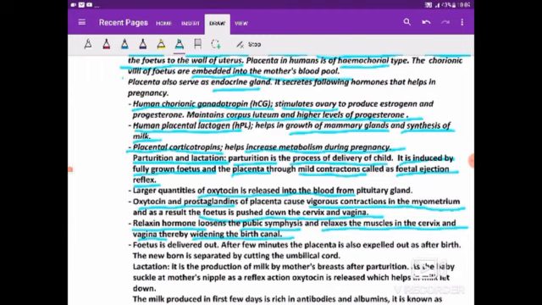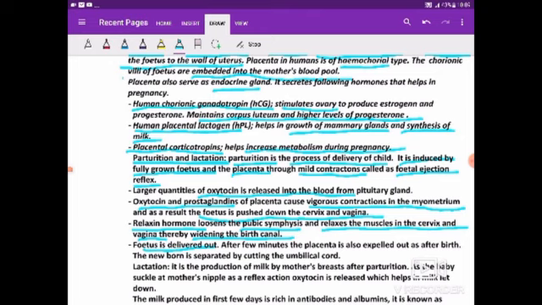And by loosening of the pubic symphysis, the pubic bones of the pelvic girdle move slightly away from each other so that the diameter of the birth canal increases. And thus the fetus is delivered out.